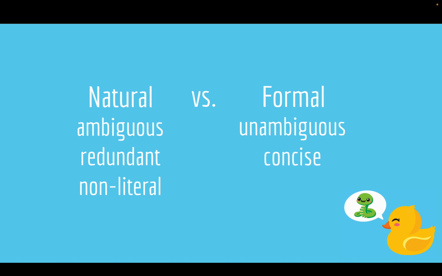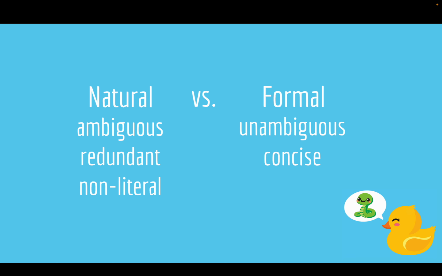Natural languages are non-literal. We have metaphors and similes and analogies and all these things, this non-literal language that can inform what we're talking about, but again, it leads to ambiguity. What does it mean to say that debugging is like being a detective?